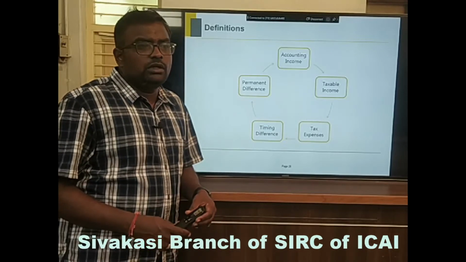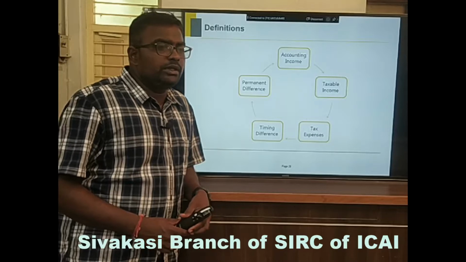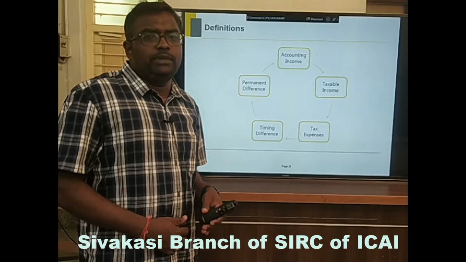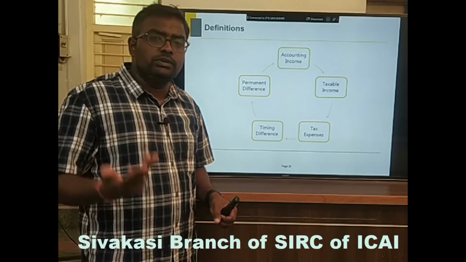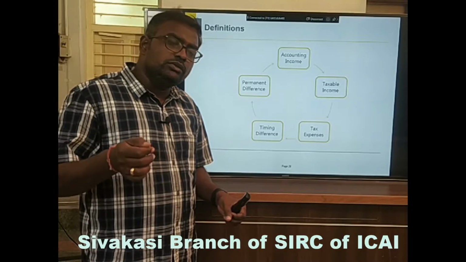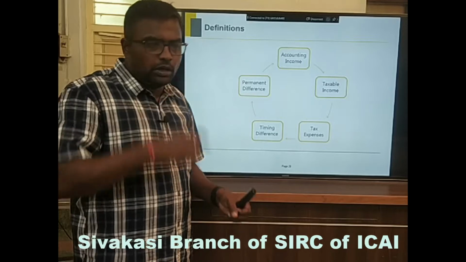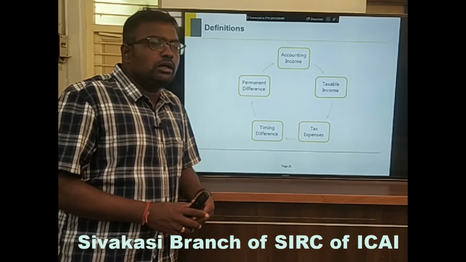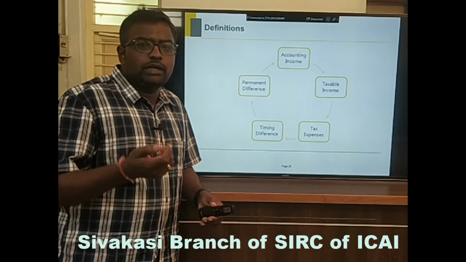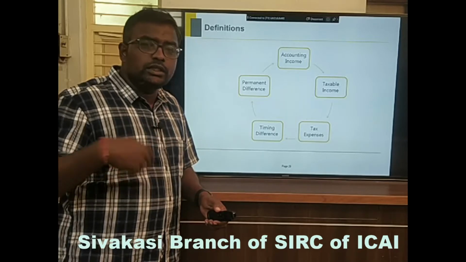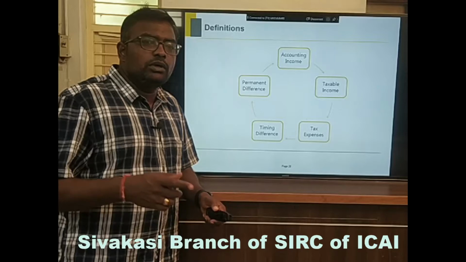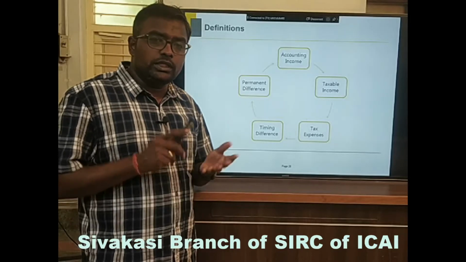If you ask me for an example of a permanent difference, take share capital. If you are issuing further share capital, I hope all of you are aware that there are authorized share capital, issued share capital, paid up capital, etc. If you are going for an additional issue of share capital, you are required to increase your authorized share capital as well.